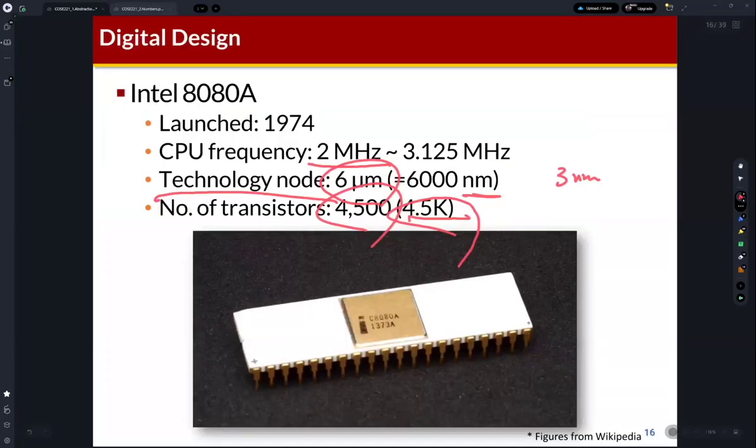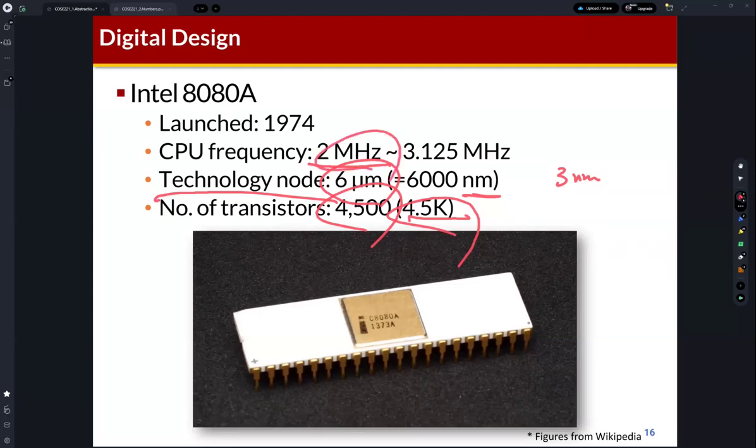As I mentioned, this is the first processor made by Intel. It was launched in 1974, and the clock frequency is very low.